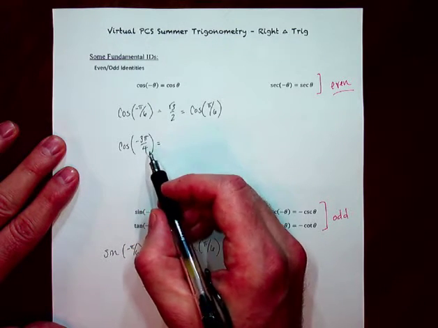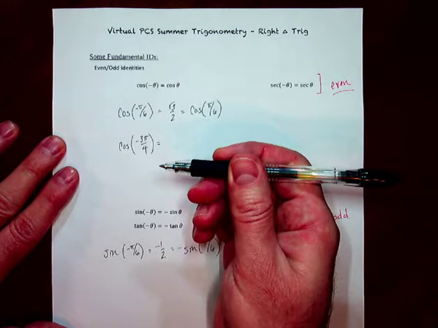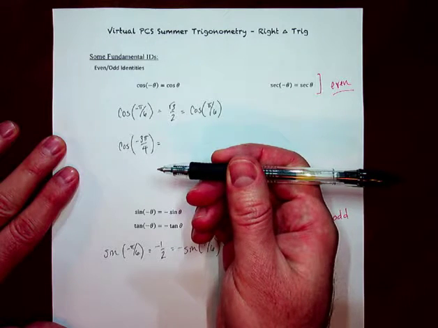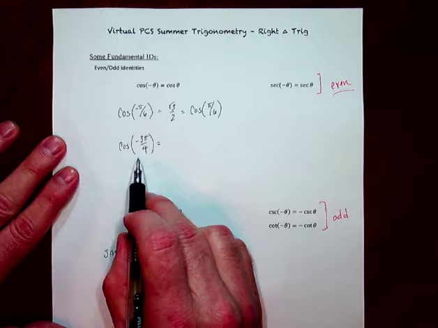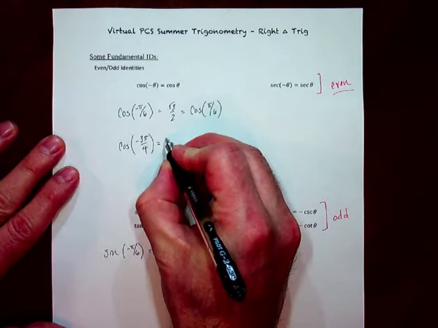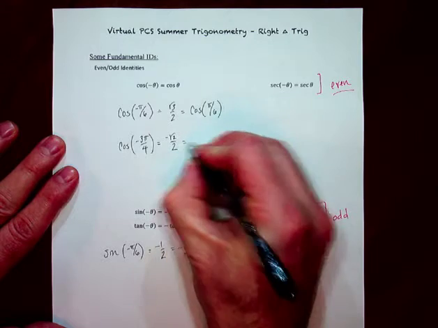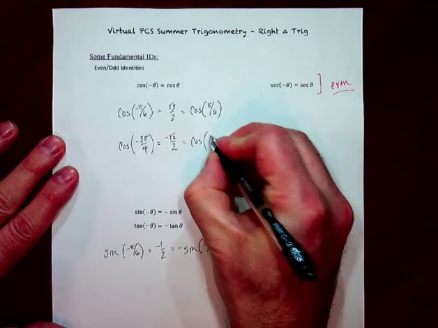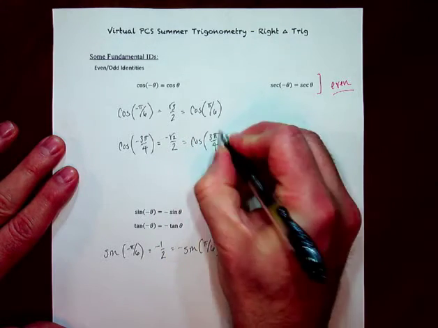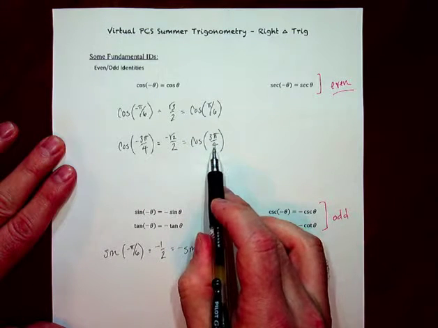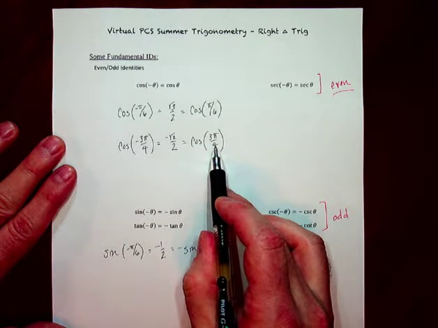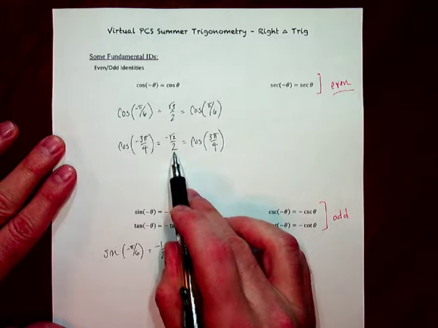Quadrant 3 is to the left of the y-axis, giving us negative x values, and therefore negative cosine values. And you're going to get negative root 2 over 2. But that's equal to cosine of 3 pi over 4, because 3 pi over 4 is in the second quadrant, which also gives us negative values.